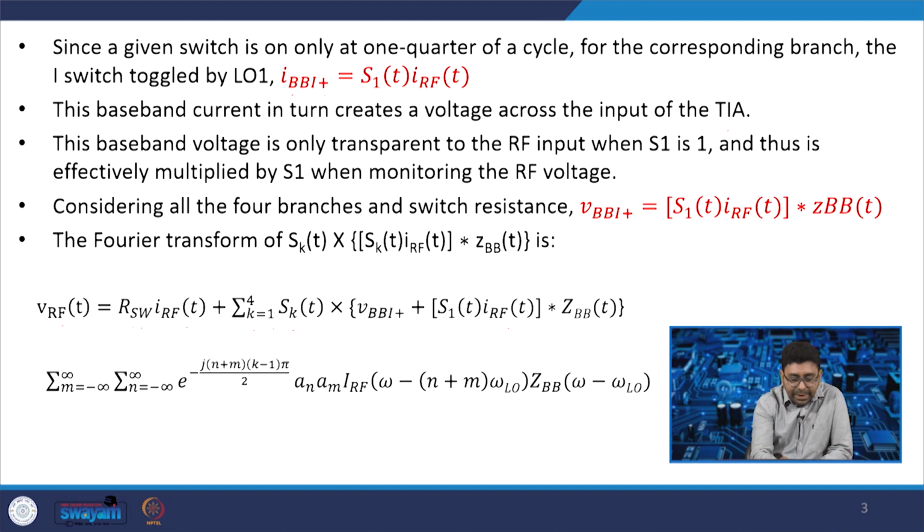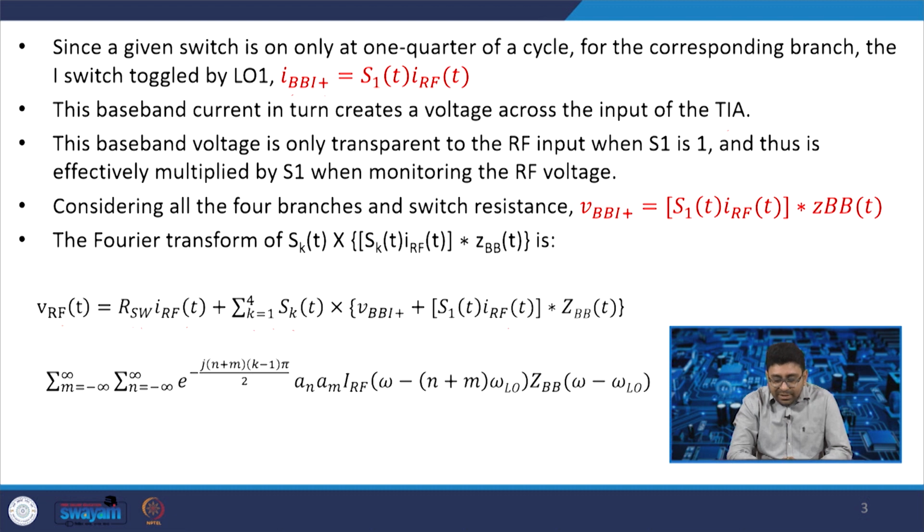Again this can be written in this form, that is a_n and a_m, I_RF at omega minus (n plus m) omega LO, times Z_BB at omega minus omega LO.